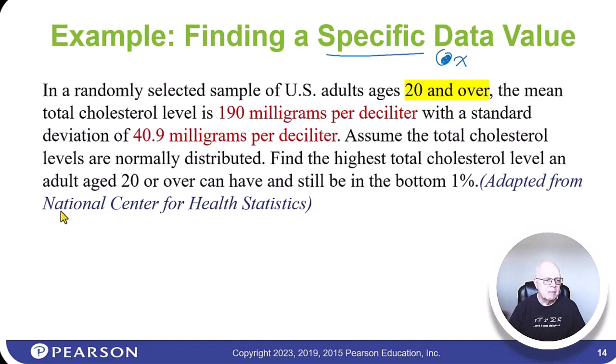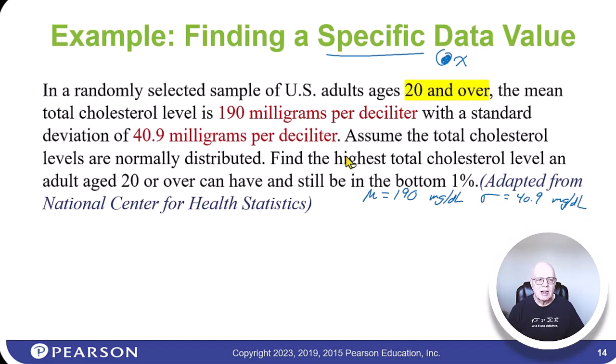The mean is 190 milligrams per deciliter. And the standard deviation is 40.9 milligrams per deciliter.